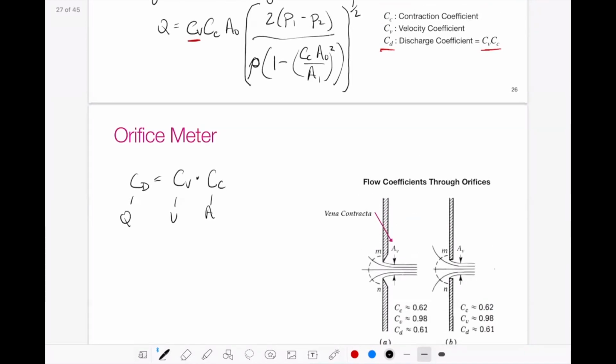So if we substitute this into our equation up here, we can write this is CD.